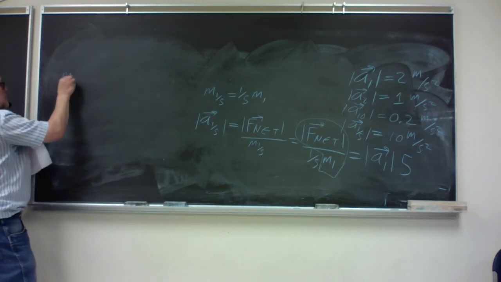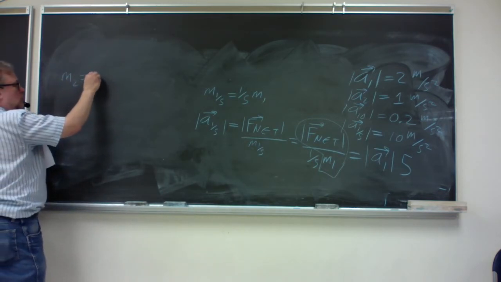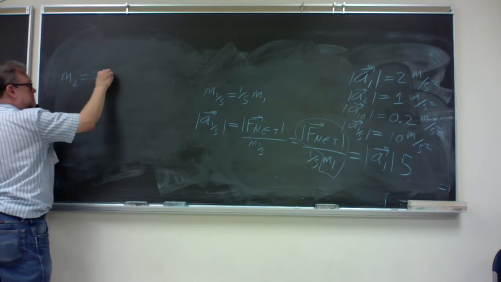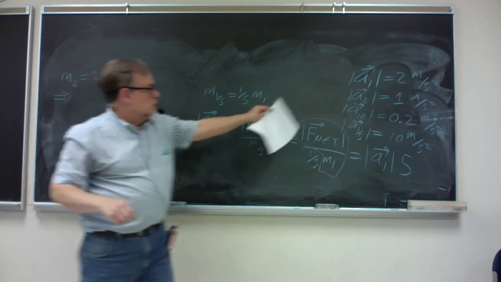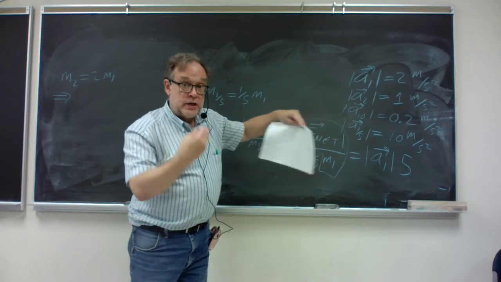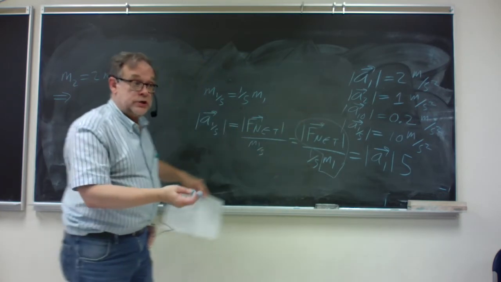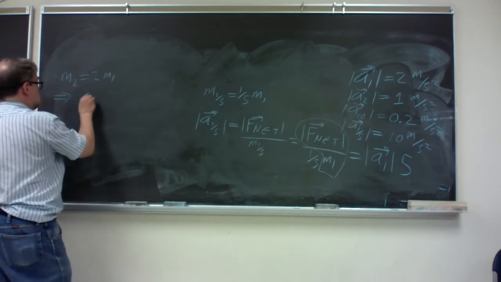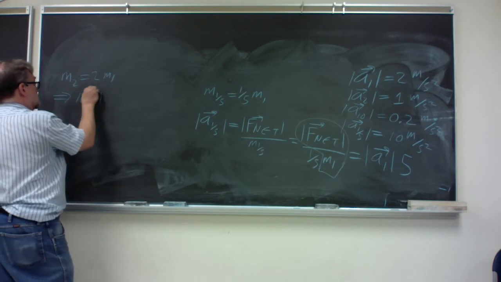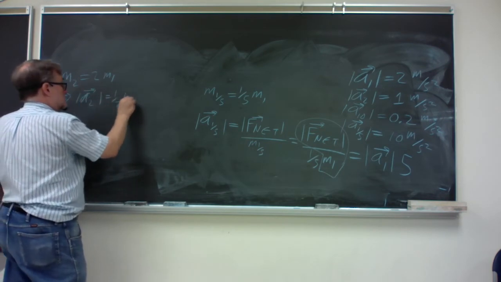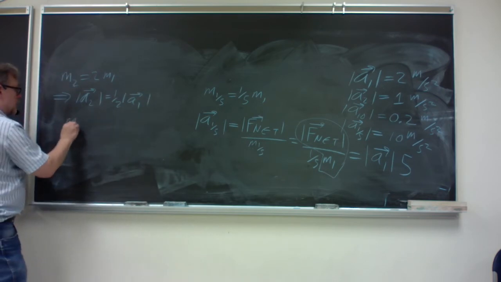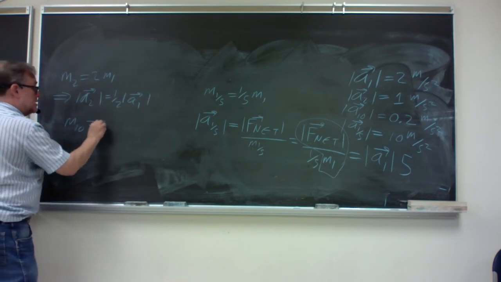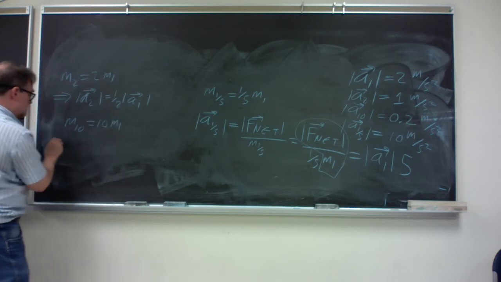So new mass is twice the old mass. That means that the new acceleration was half of the old acceleration. And then the new mass is 10 times the old mass.